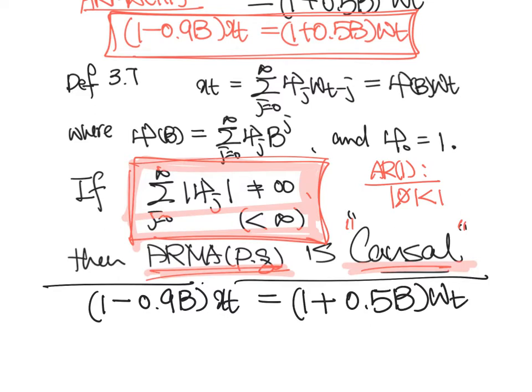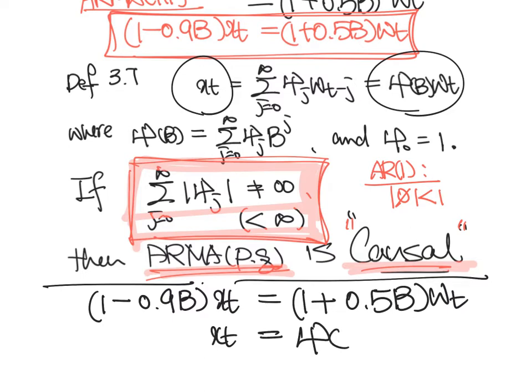And let me copy this one again, right? It's xt is equal to the big phi(B) wt. It's actually the infinite summation of the white noise. So I said it is the MA representation. It's the MA form.